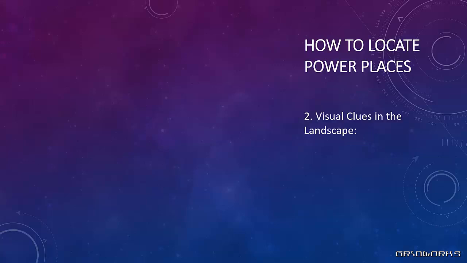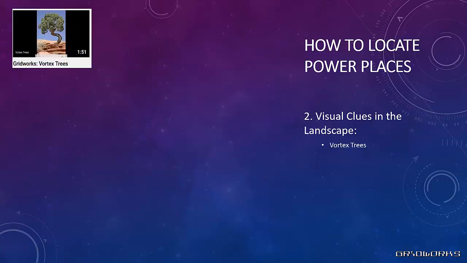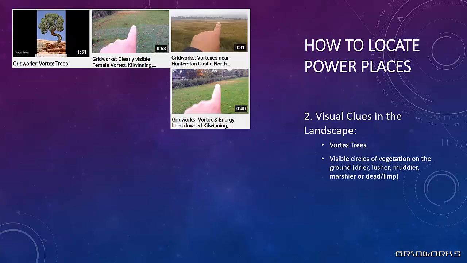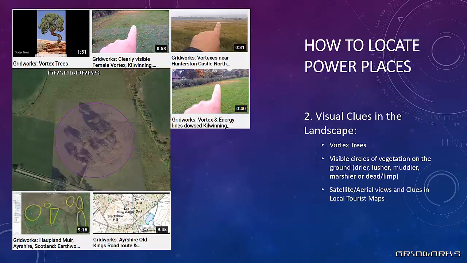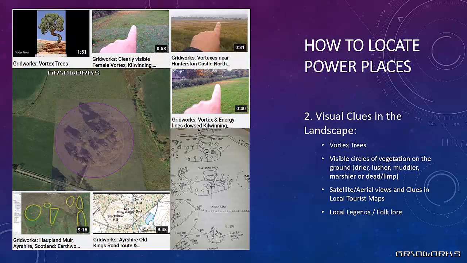So what other methods can you use? Well, you can obviously check for visual clues on the landscape itself, and I've got a few videos that cover this. So look at the video on vortex trees. Clearly they grow over the top of vortexes. Also you can see vortexes quite visibly in the ground oftentimes. Additionally, aerial photography is very good, and so are maps for identifying particular sites of interest.